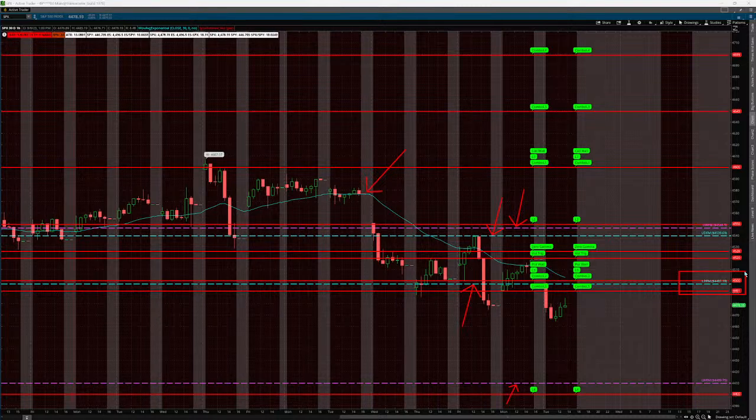The put wall is a strike with the largest net negative gamma that can be expected to act as support. That's a key level. That is also the absolute gamma strike, and that is the strike with the largest absolute gamma, positive and negative. So 45, a very key pivotal level for the SPX.